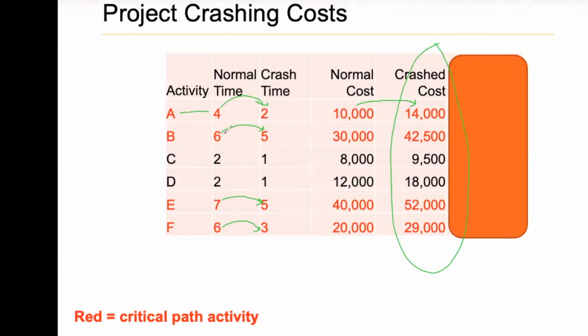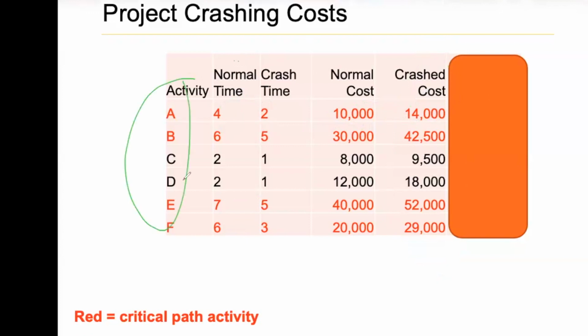When I crash B, I can do from 6 weeks to 5 weeks, and normally it's $30,000. Now it's going to cost me $42,500. As I said, you know the activity names, you know the times, you probably know the normal cost as well, and you need to get the crash cost. These are the things that we got to gather from the company.